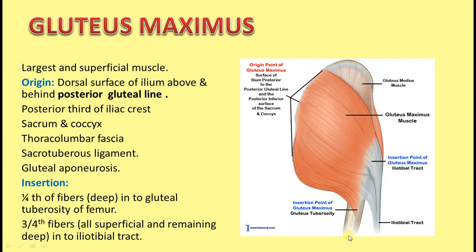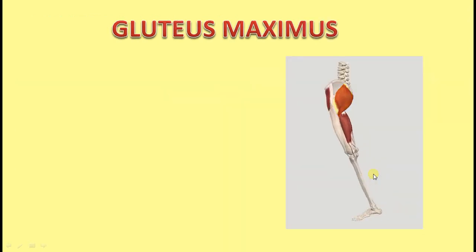So it is also gaining a secondary attachment, not directly but indirectly, into the linea aspera and the lateral supracondylar ridge, through the iliotibial tract and from there via the lateral intermuscular septum. So it is a very strong muscle, and that is why it has a very wide attachment.